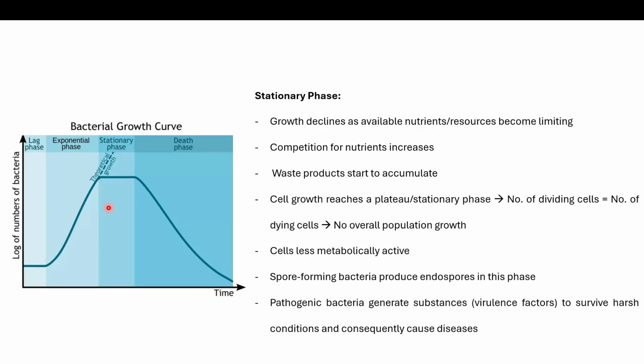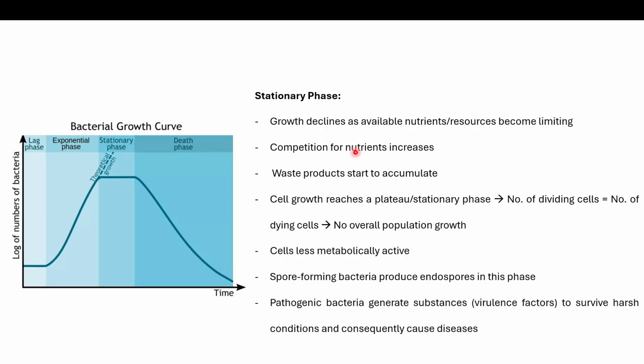Okay, next comes the stationary phase. There are resources available already during exponential phase, so bacterial cells are very happy, using the resources, having a good amount of food, and dividing themselves. But during stationary phase, it reaches an asymptote, or rather a plateau phase, where the growth declines because they have rapidly divided in the earlier log phase. They have used up a lot of available nutrients and resources.